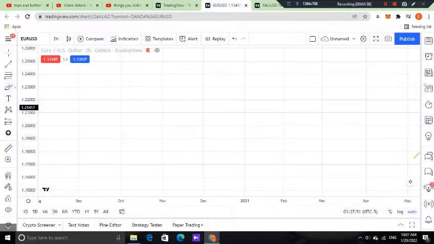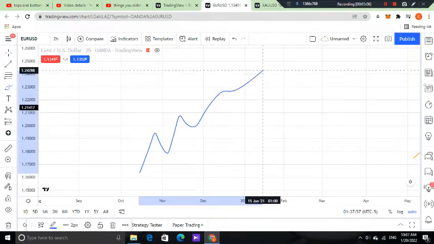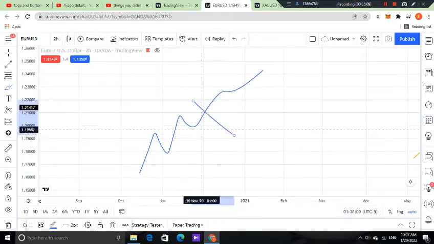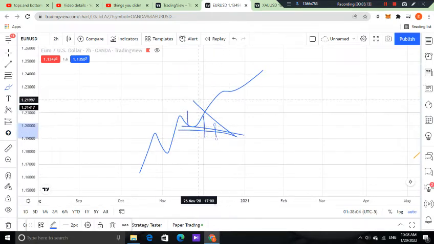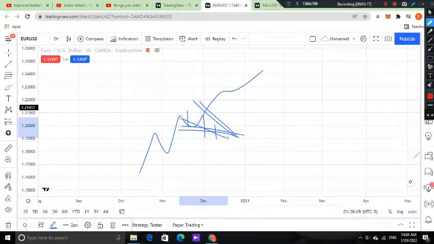But if you see them after a leg as the pullback, it's a flag. You have a trend like this, and you see a wedge in the middle of this, and then you see a breakout above this wedge and the trend resumes. So in this case, this pattern is a pullback and resumption pattern.